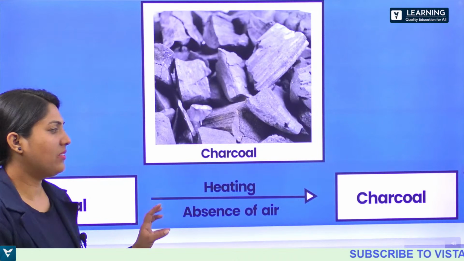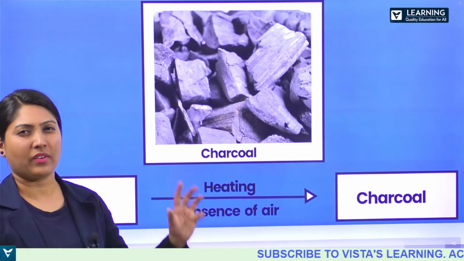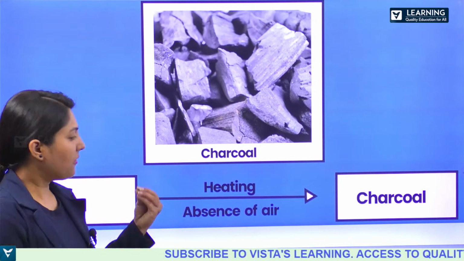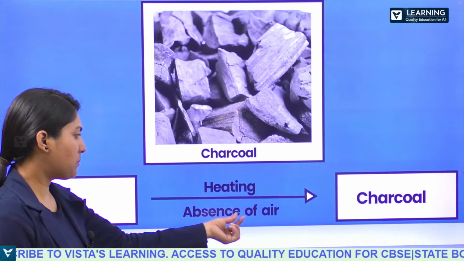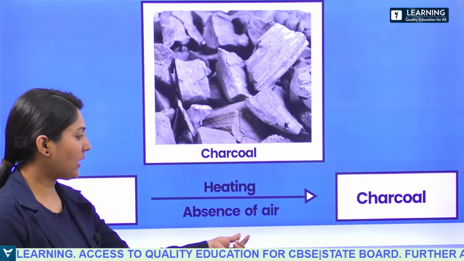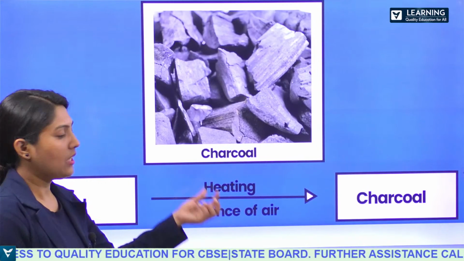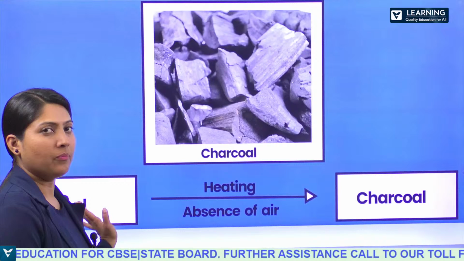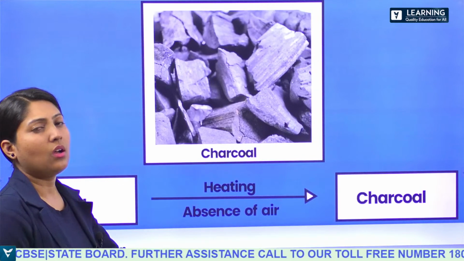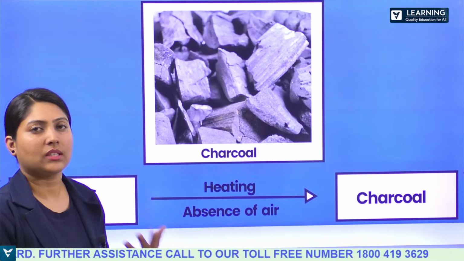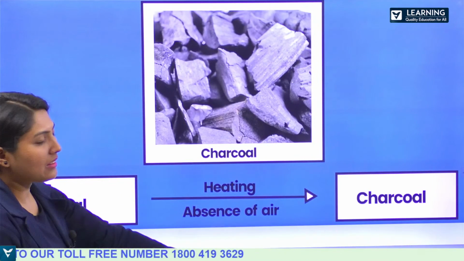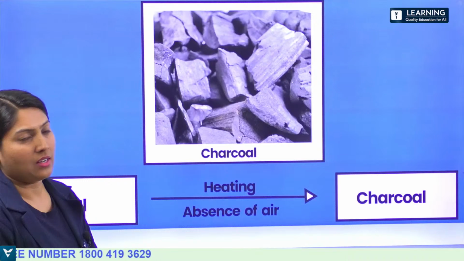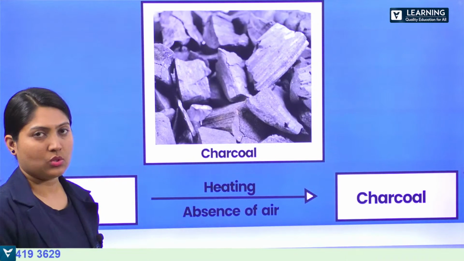Why, students, are we saying absence of air? Because air contains oxygen. When we say air, you should understand it is oxygen. If oxygen is there, then allotropes of carbon react with oxygen and produce carbon monoxide or carbon dioxide, the oxides of carbon. So we will not get the other forms that we desire. So we need to take absence of air.